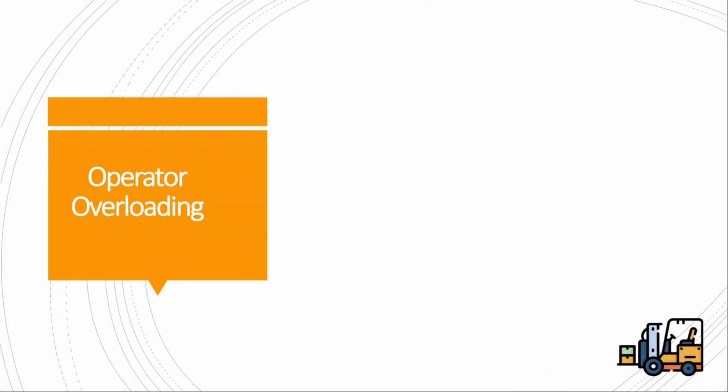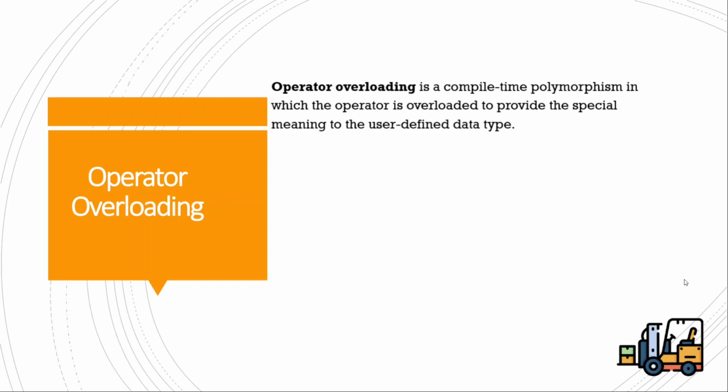We've already taken a look at function overloading, and now it's time to explore the concept of operator overloading. So operator overloading is a compile-time polymorphism in which the operator is overloaded to provide a special meaning to a user-defined type. So it is used to redefine most of the operators available in C++, and you will usually see operator overloading with arithmetic operands.